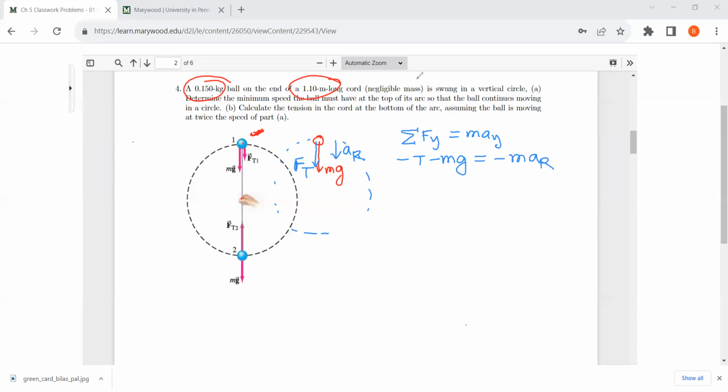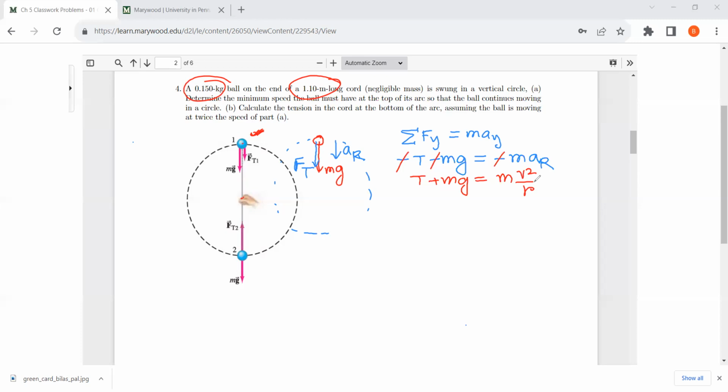Okay, but the good thing is all the minus signs can be cancelled. If you multiply all the terms by -1, you can write t plus mg equal to m v square over r, because the centripetal acceleration is equal to v square over r.